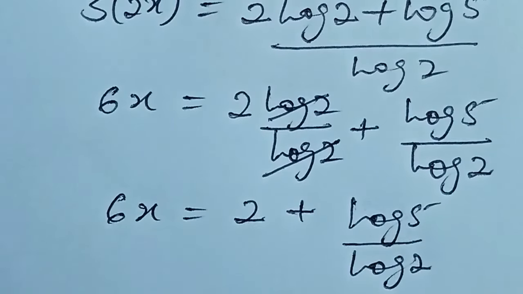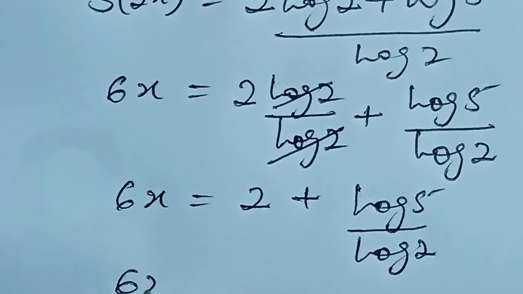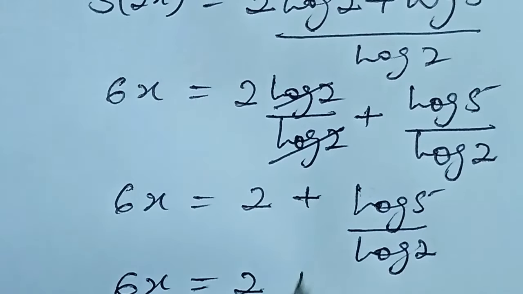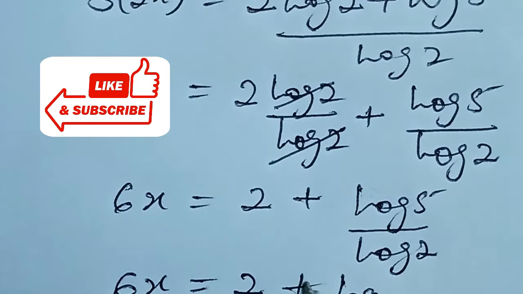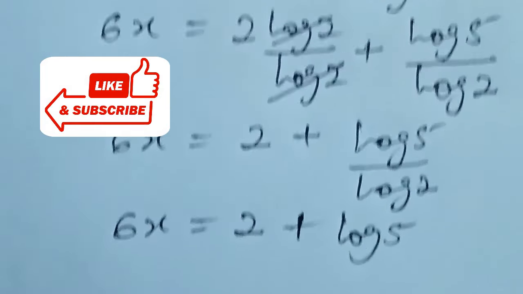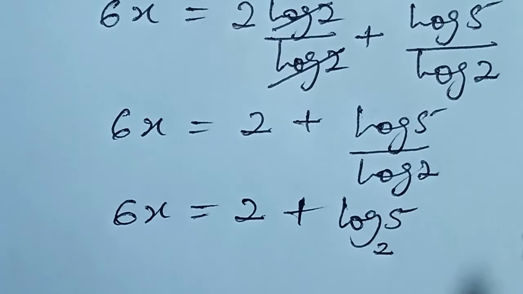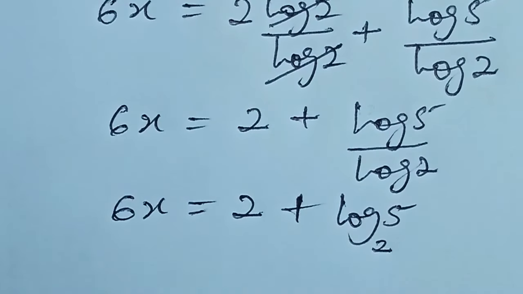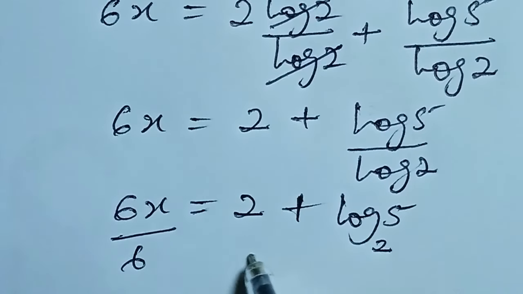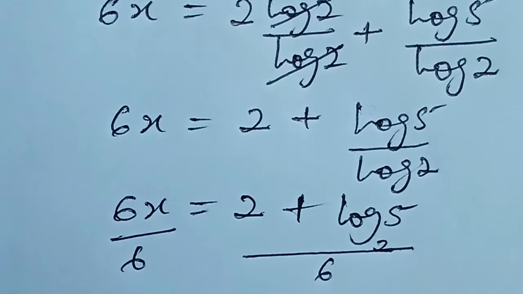So we can rewrite this as 6x equal to 2 plus log 5 to the base of 2. Now, dividing both sides by 6 to isolate x. So we have divide by 6, divide by 6.